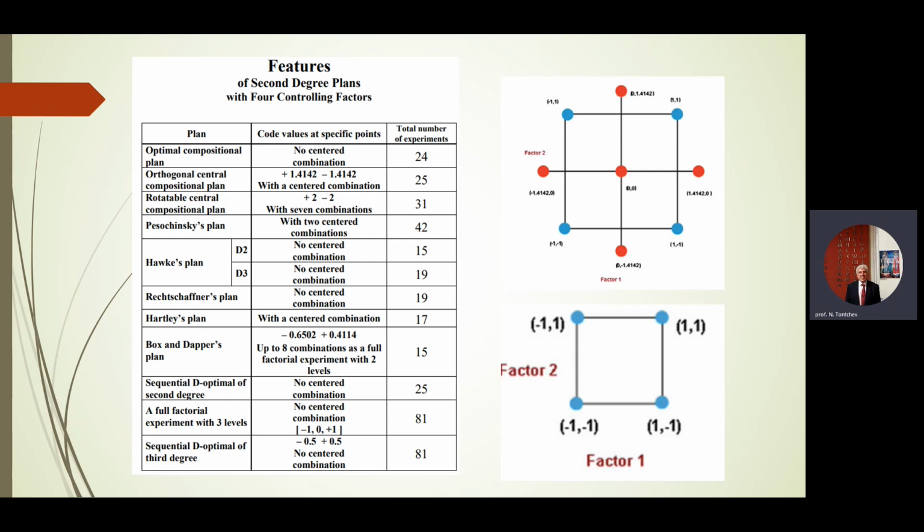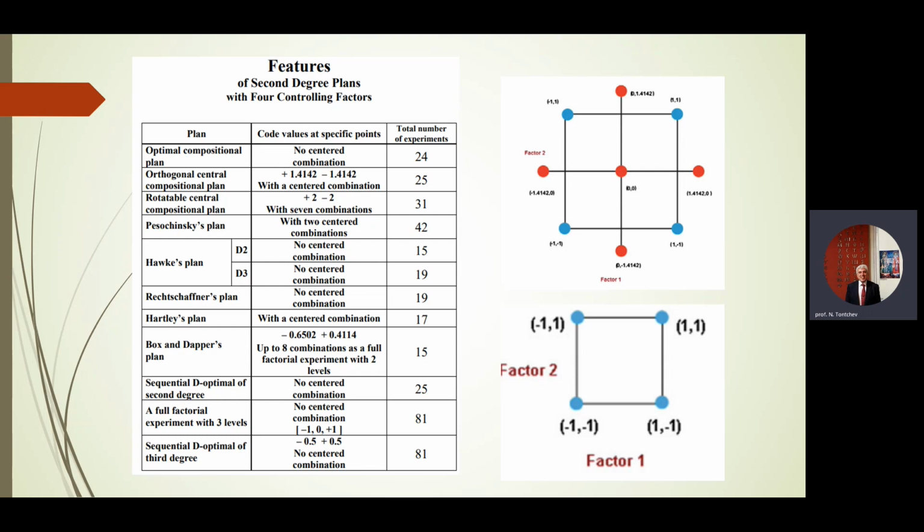The proposal is about what additional combinations can be included by this plan, and in principle be considered at all. In the table, information is collected and indicated about the total number of attempts to be made. From the table, it can be seen that the minimal number of attempts is 15 for Box and Behnken, and the maximum is 81, which, however, is related to the third degree.